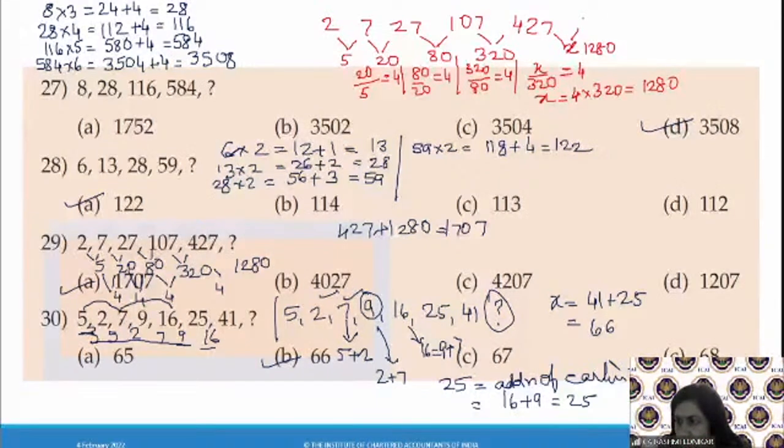So how much will this number be? 1280 plus 427. No, that is into 427. Okay, so that is 320 into this same number. 1280 plus 427.